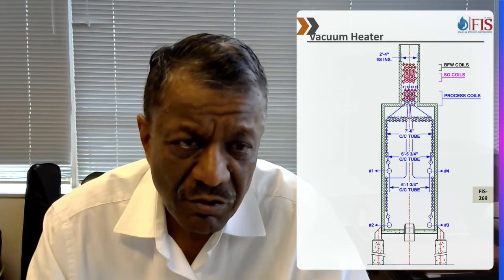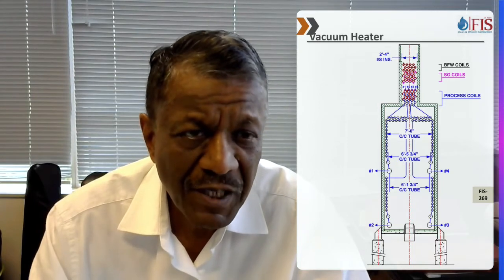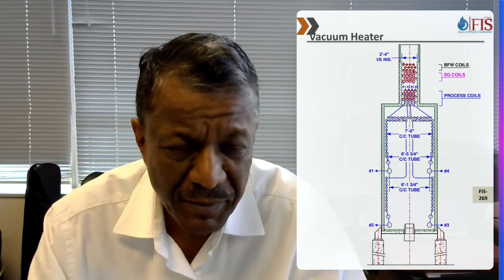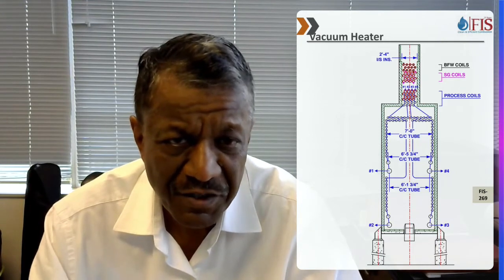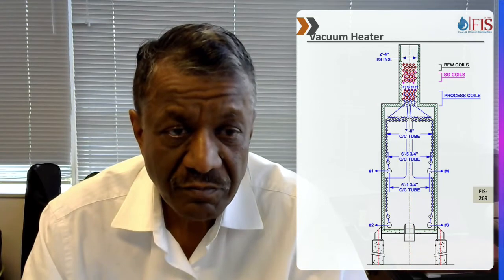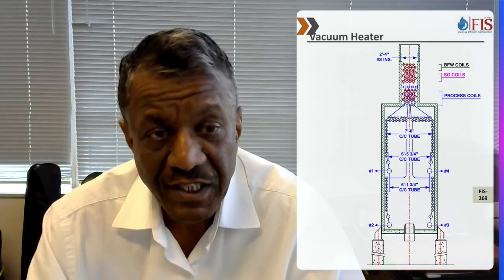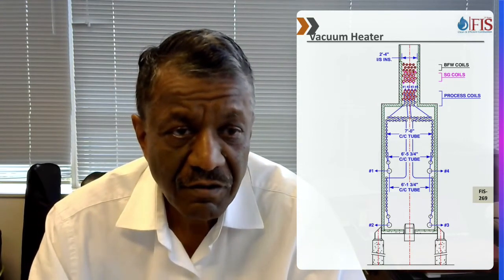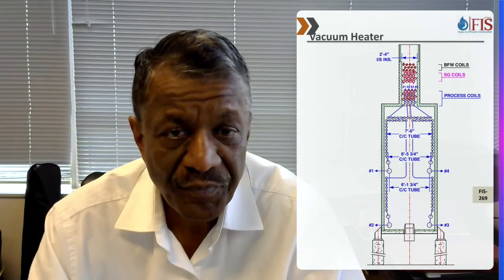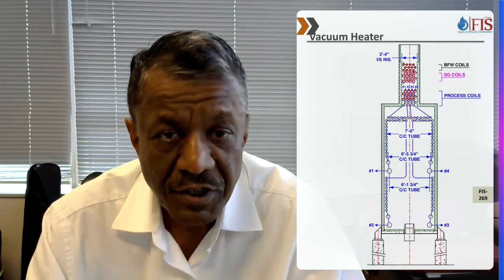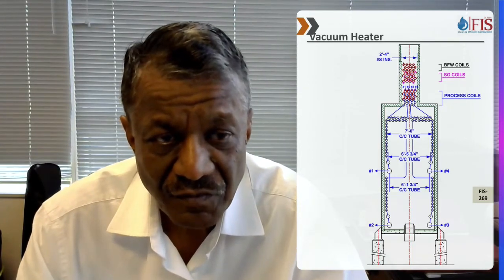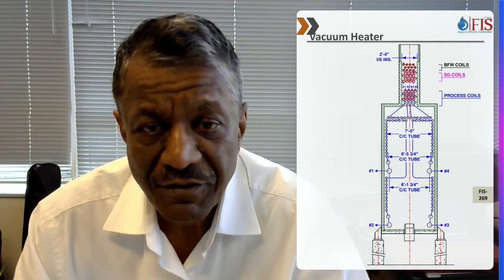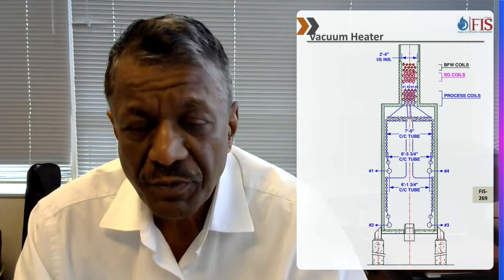We can have all the 4 passes in the middle. That way the bottom 2 passes will be upflow and the top 2 passes will be downflow. Another option is to have all the 4 passes at the bottom. So the question is, what is the best arrangement for vacuum heater outlets?